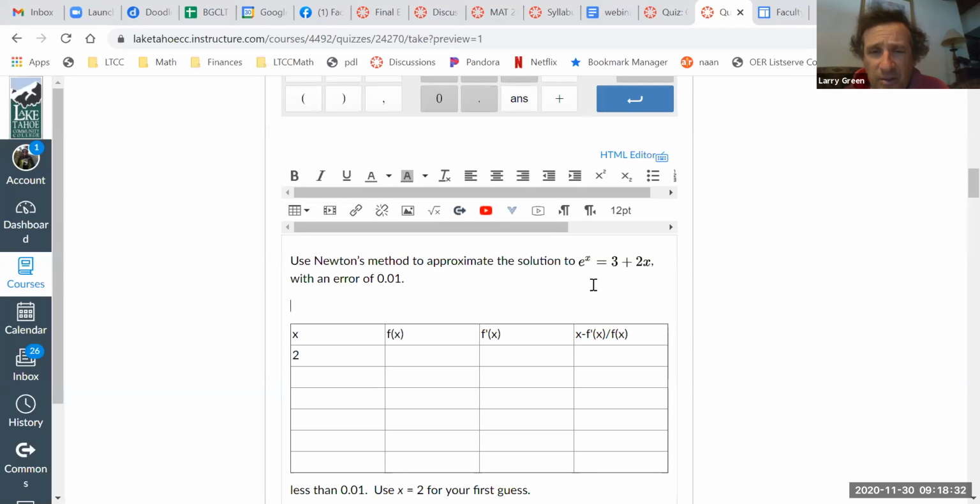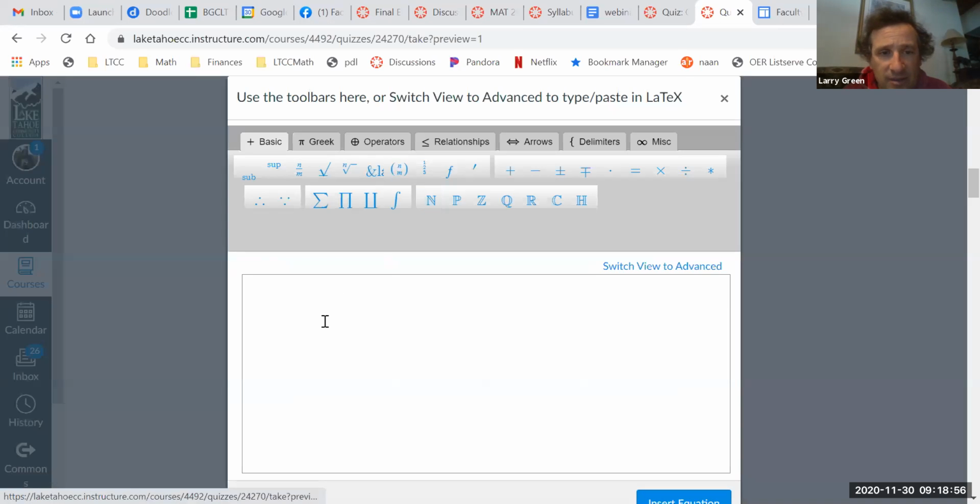No, this is just standard Newton's method. But to use Newton's method you need to have it set equal to 0. That's important. If you don't set it equal to 0, it's just not right. So I'm going to subtract e to the x, and we have f of x equals 3 plus 2x minus e to the x.